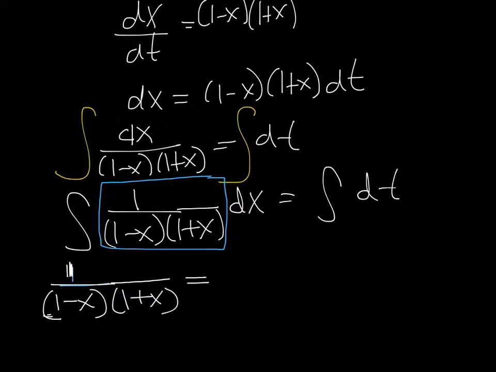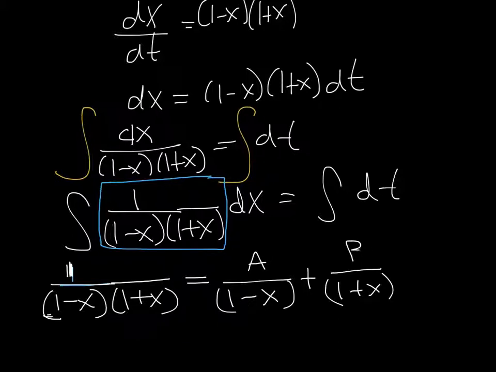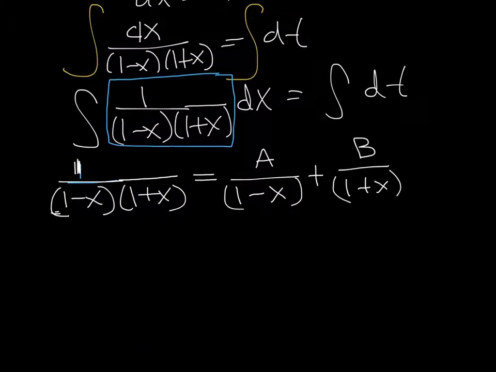I want that to look like this, because then we can use the natural logs when we integrate. So we just have to find our coefficients a and b. If you're not sure where I'm going with this, or where I'm getting this from, you can open your calculus book and you'll notice they talk about linear factors and integrating using partial fractions. So I want to find this a and b.